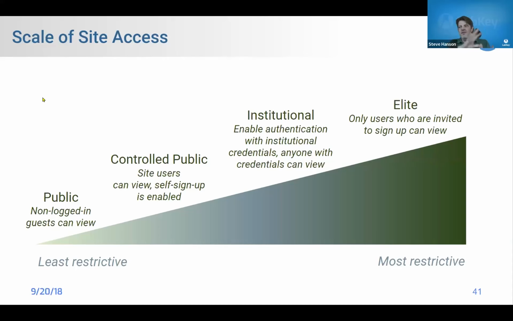The third level we'll call institutional. That's where you enable authentication based on something like LDAP or single sign-on. This is where you have dozens or hundreds or more people signing up to the server, but there are already some authentication resources at play and you just want to reuse those. And then elite is the highest level of access.